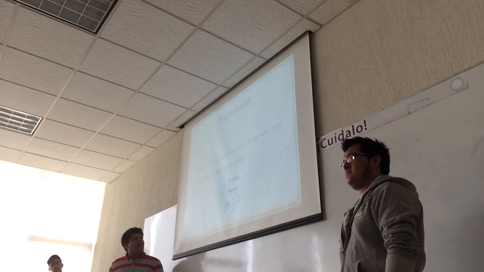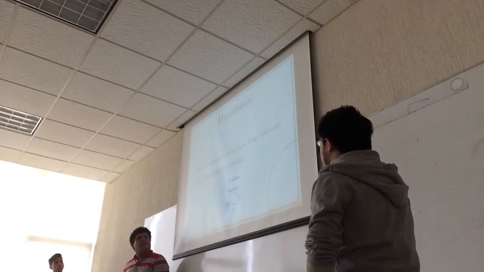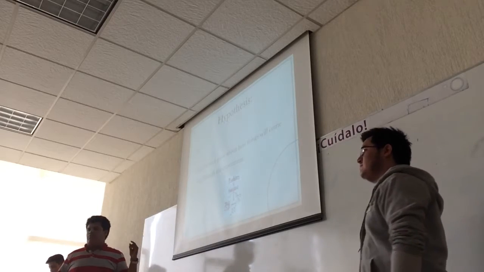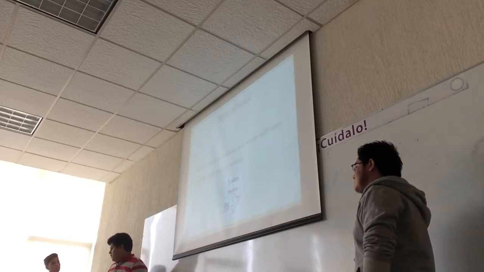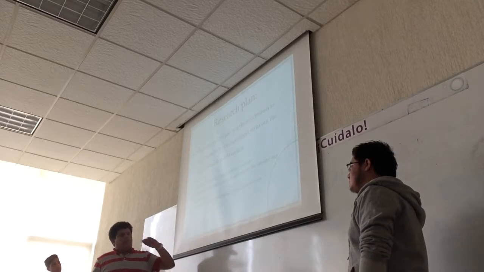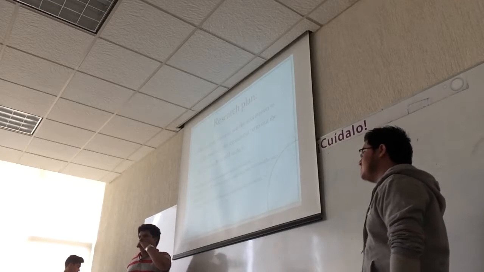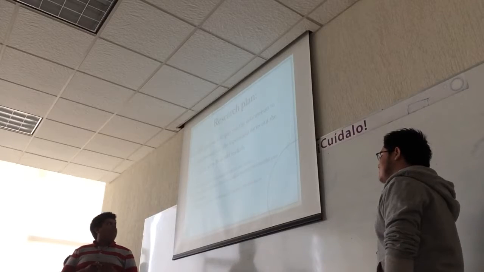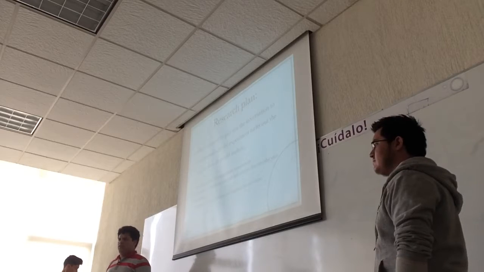The hypothesis is like a guess to explain what the work or the project is going to be about. The research plan is like the theoretical framework, but in this case it is when you are going to do something, or from what part you have the information and all the references.